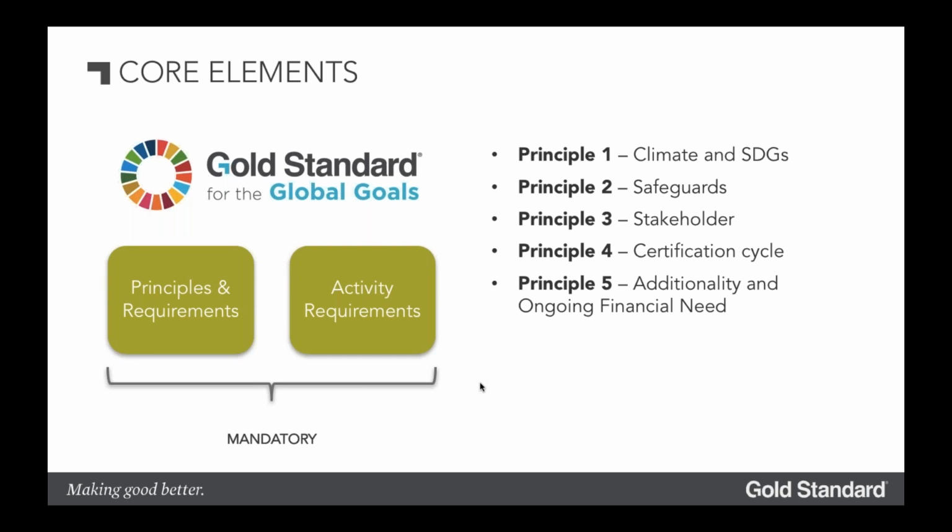There is a clear and robust certification cycle. And then finally, for projects seeking certain products like carbon credits, there are additionality and ongoing financial need requirements. And I'll come back to some of those in a bit more detail in terms of what's been changed and what's been added. So really those 5 principles are what makes up Gold Standard for the Global Goals at its core.